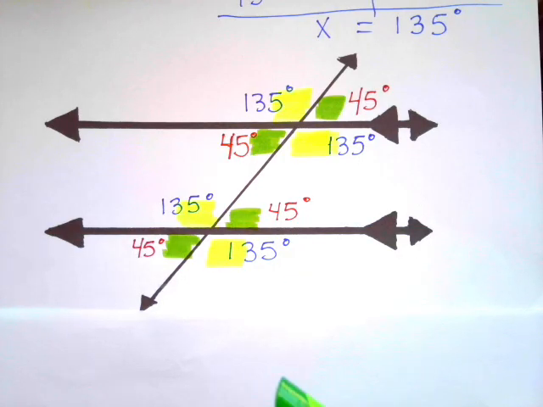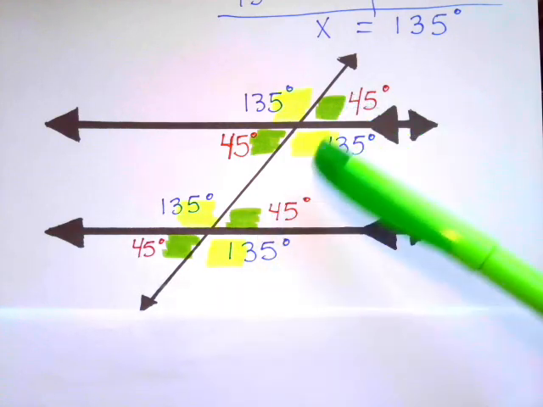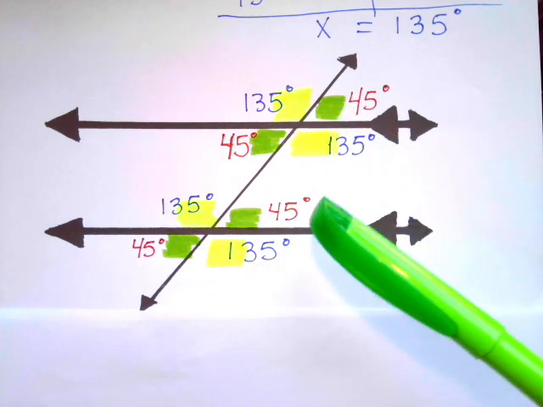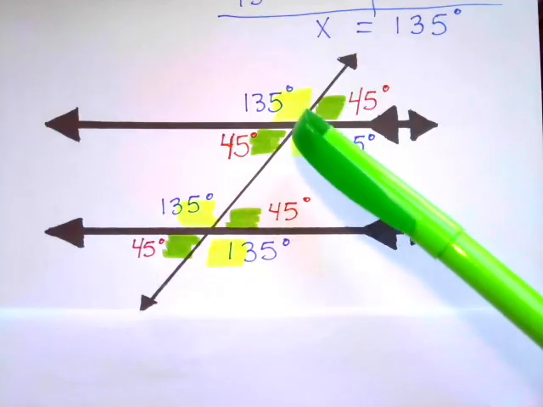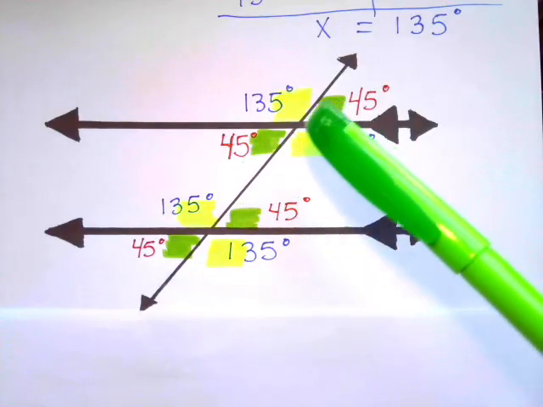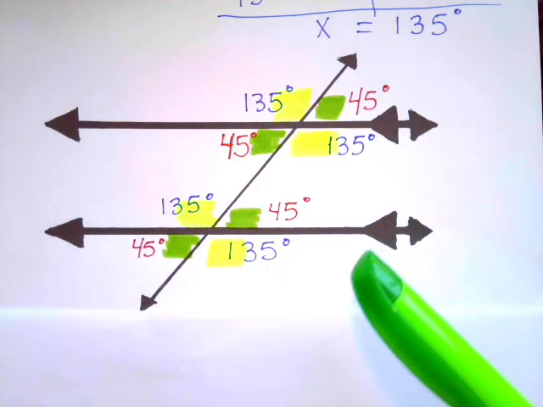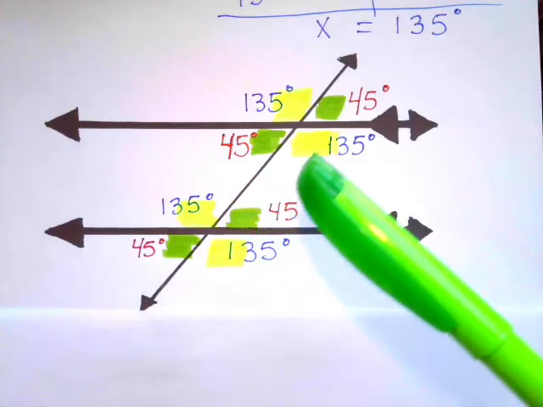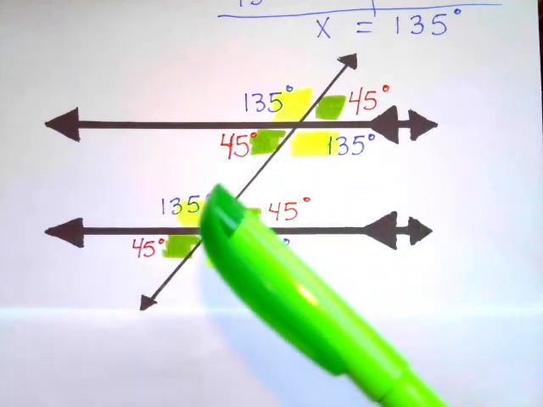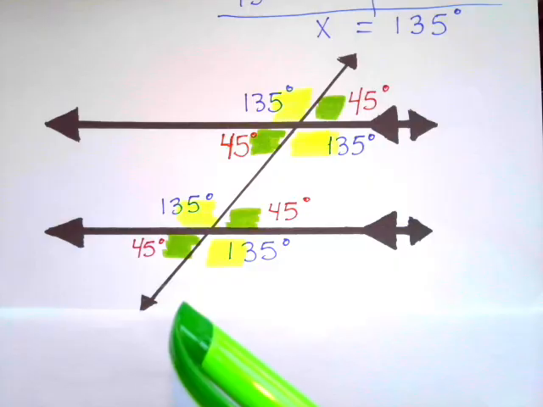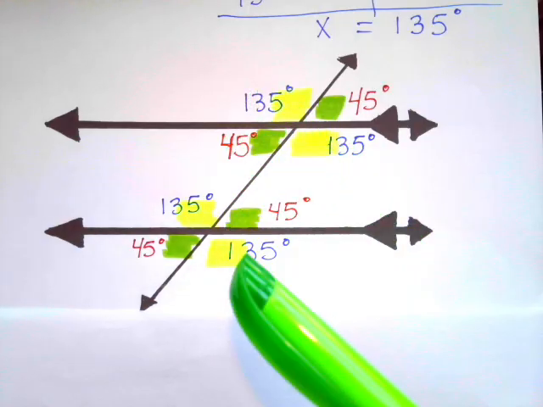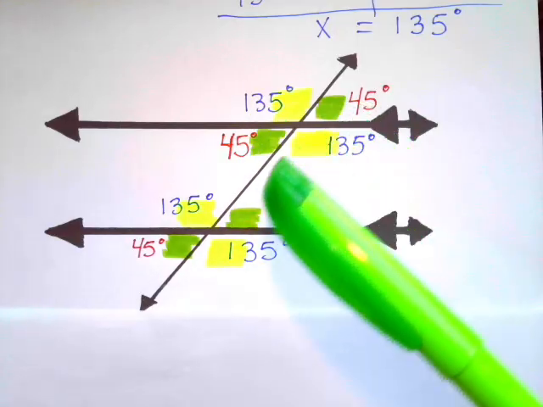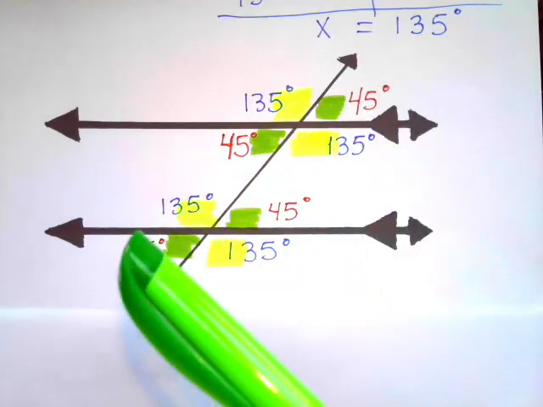Later I'll go over how this 45 here and this 45 here are called corresponding angles. These two here, 135 and 135, or 45 and 45, are called vertical angles. The vertical angles are congruent. Alternate interior angles are congruent or equal to each other. And alternate exterior, 135 and 135, 45 and 45, they are equal to each other. Alternate exterior angles.